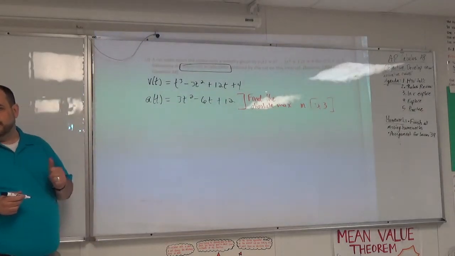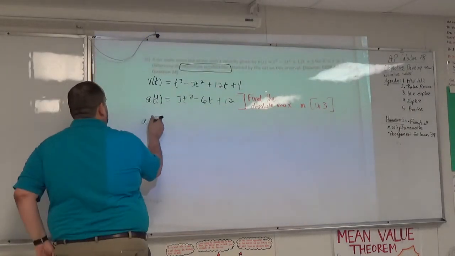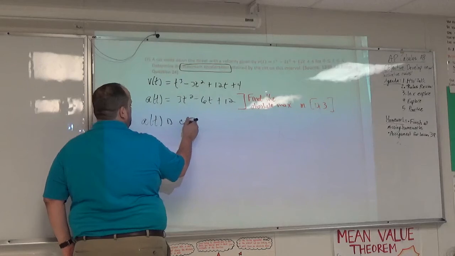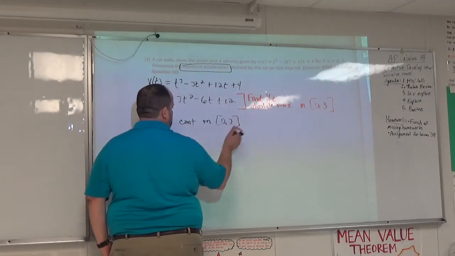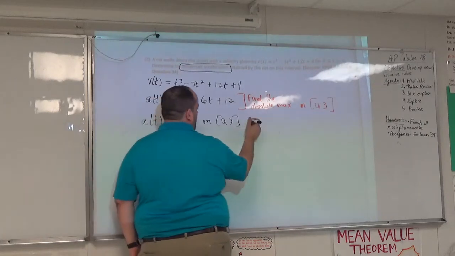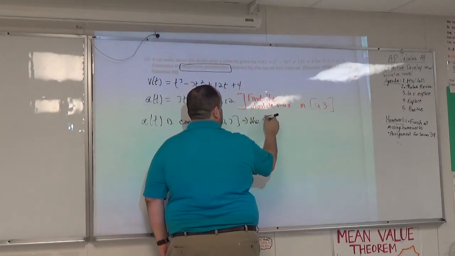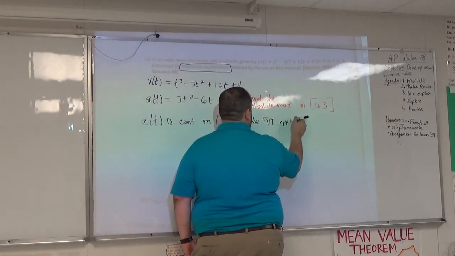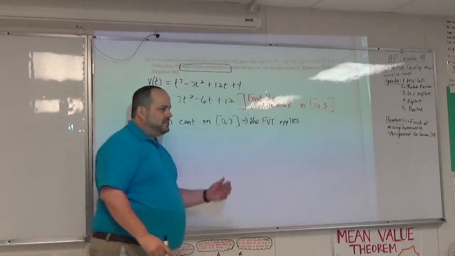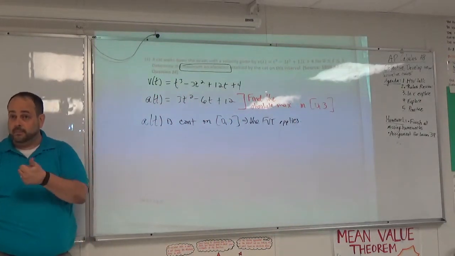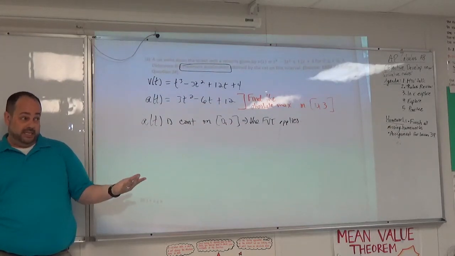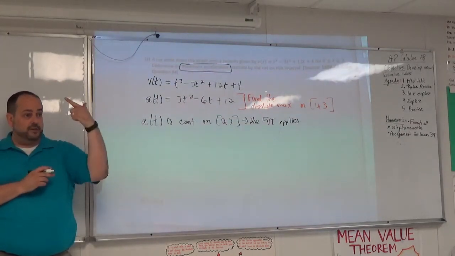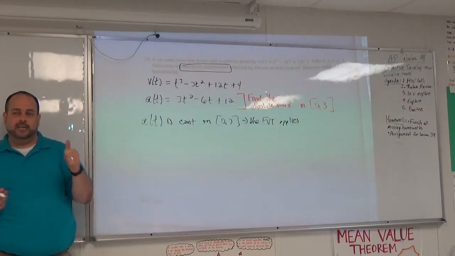Because A of t is continuous on this closed interval 0, 3, so the EVT applies. And because the EVT applies, I'm going to have an absolute maximum. Does there have to be an absolute minimum? Yeah. You got to have both with the EVT. If you have a continuous function on a closed interval, you get a highest point and a lowest point.